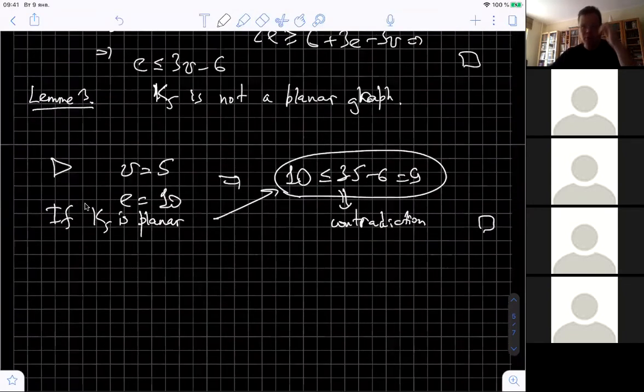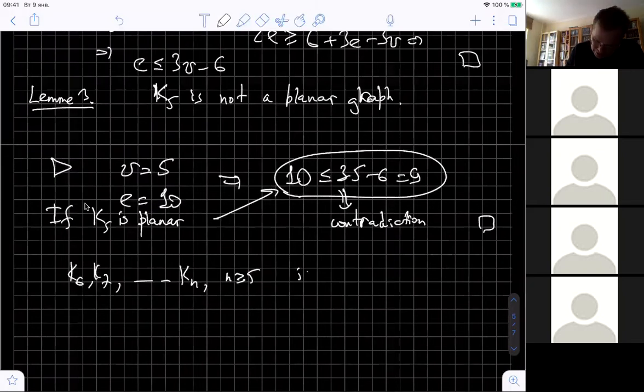Of course, every connected graph that has K5 as a subgraph is not planar, because if we cannot draw K5, then we can't draw every graph that contains it.